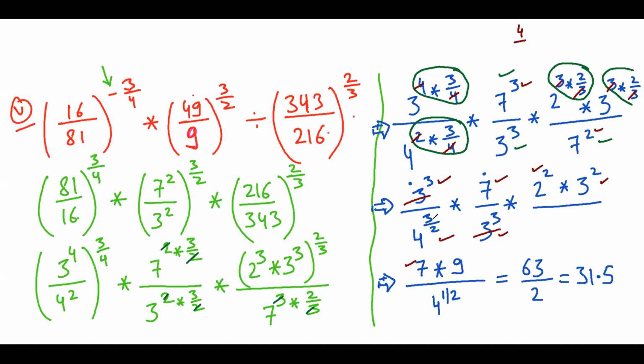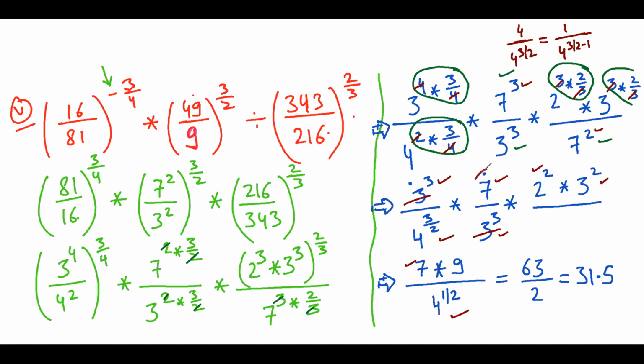And I have a 4 raised to 3 by 2 in the denominator. If you understand the logic, this will be equal to 1 upon 4 raised to 3 by 2 minus 1. And that is why I have written 4 raised to power half here. And this 3 square is 9.